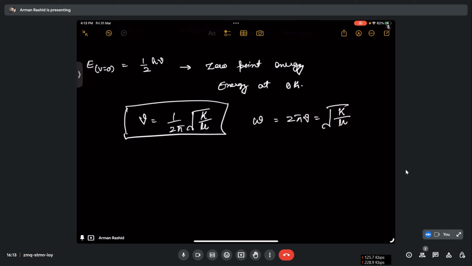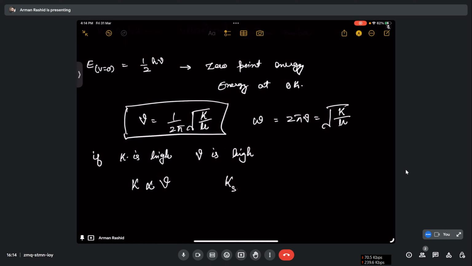So if k is high, nu is high. That means k is directly proportional to the fundamental frequency.